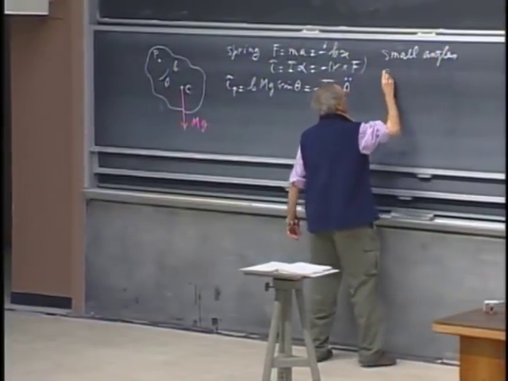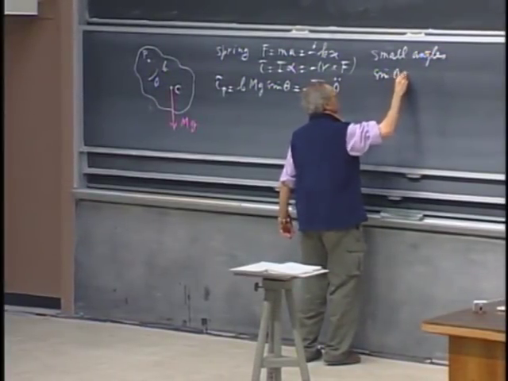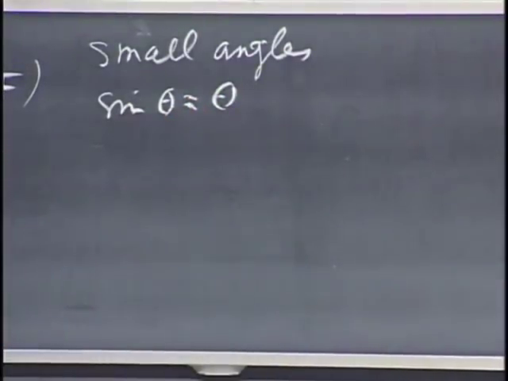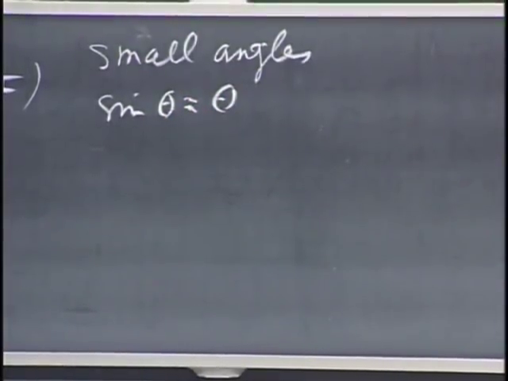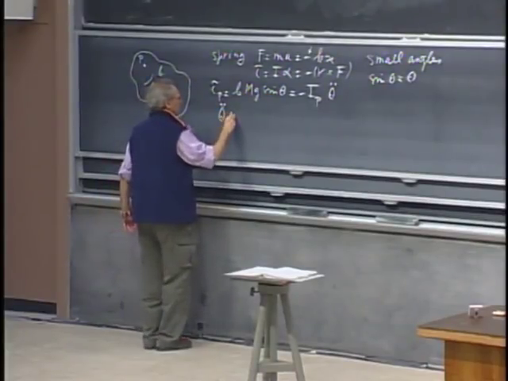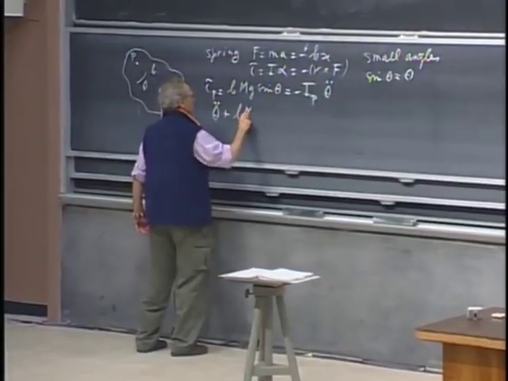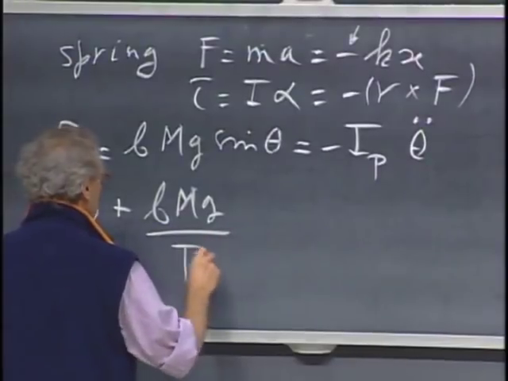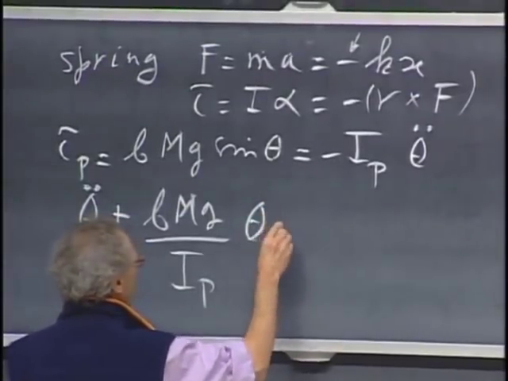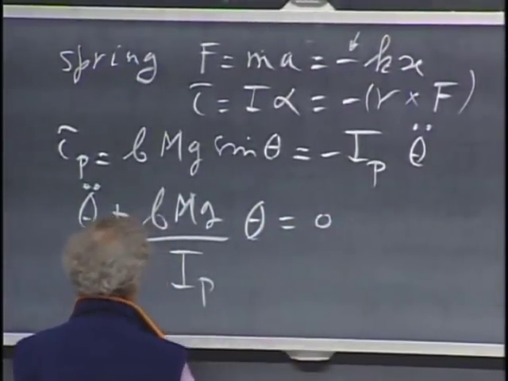Small angles, then the sine of theta is approximately theta, if theta is in radians. And so I bring this all on one side, so I get theta double dot plus b mg divided by the moment of inertia about that point P times theta, now this is my small angle approximation, equals 0.